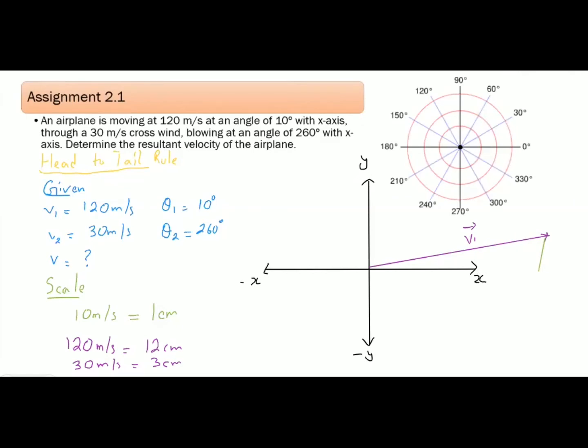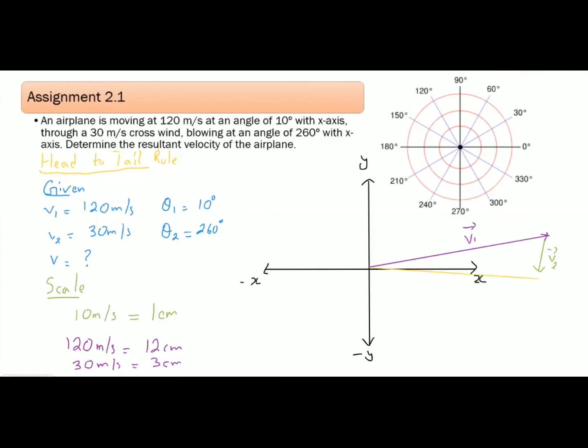Now what we have to do is draw the resultant velocity for these two vectors. We have to draw the resultant from the origin, ending up at the head of the second vector. So join the tail of the first vector with the head of the second vector.